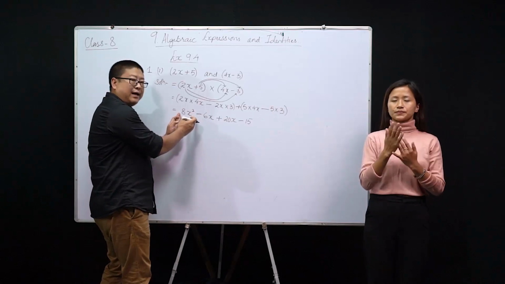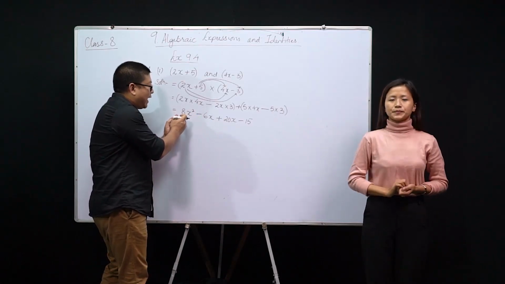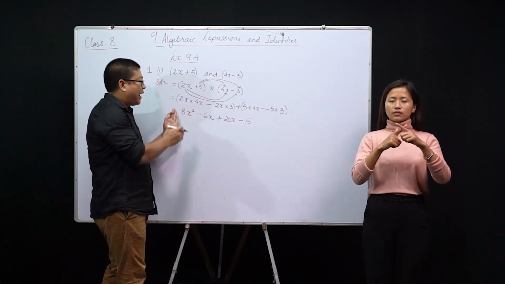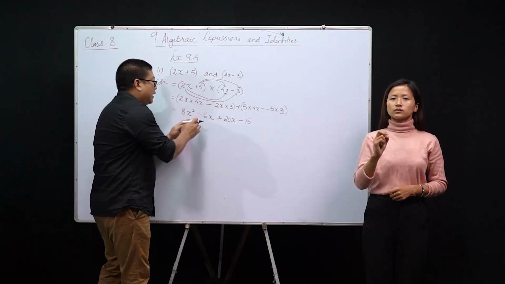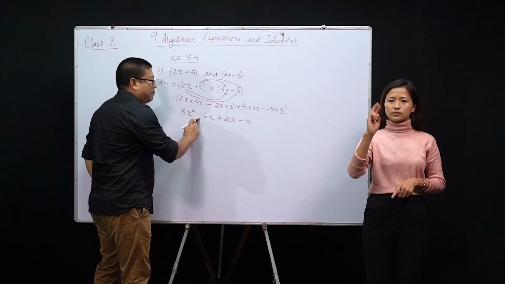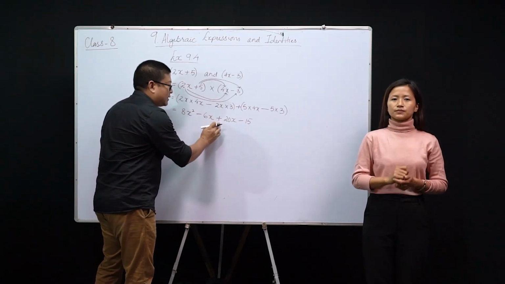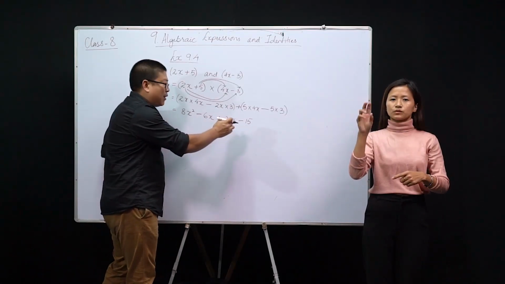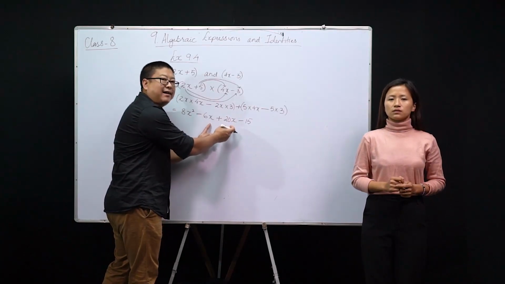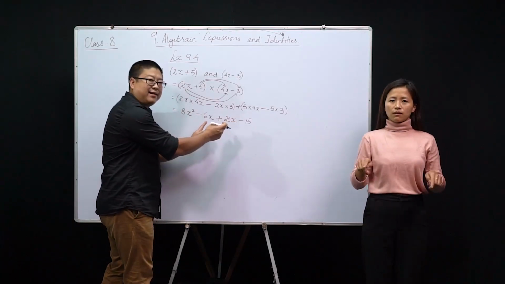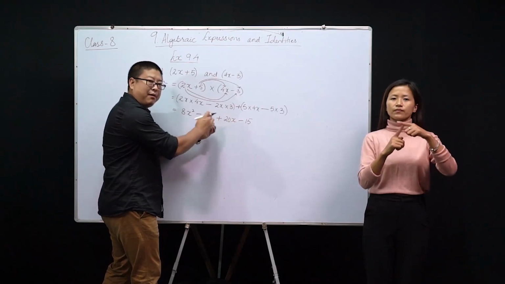Now, if you look at the first term, it is 8x squared, or 8x to the power 2. And if you look at the second term, it is minus 6x, and here plus 20x. Now we can see that they are like terms, right? So like terms, we will have to simplify them again.